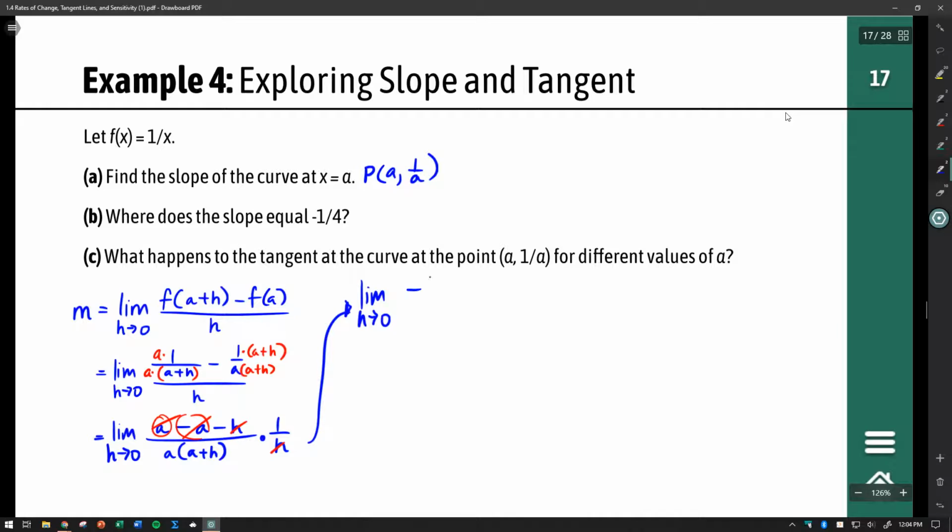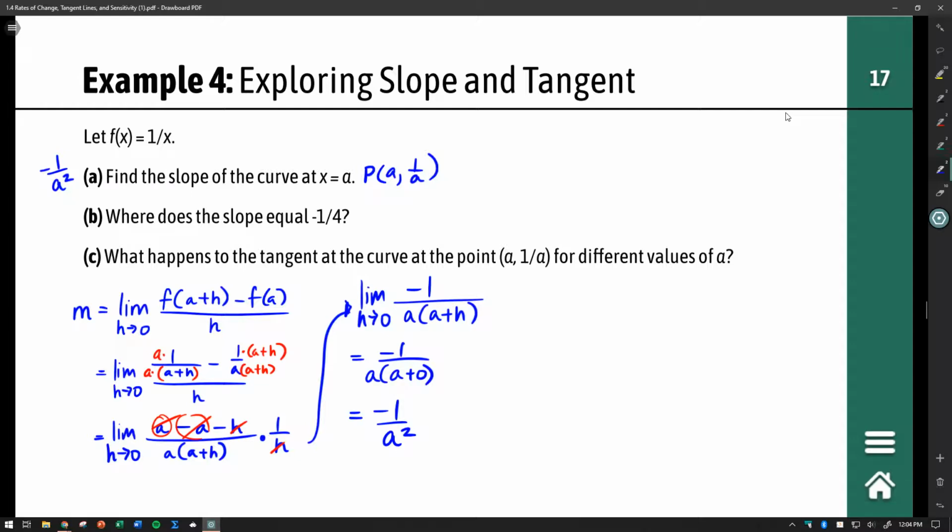All that's left in the numerator is negative 1, and all that's left in the denominator is a times a plus h. So as h goes to 0, this quotient becomes negative 1 over a times a plus 0, or negative 1 over a squared. There's our slope, negative 1 over a squared.